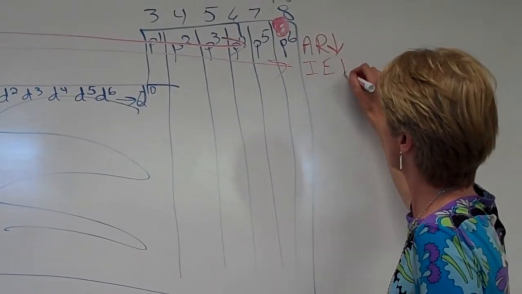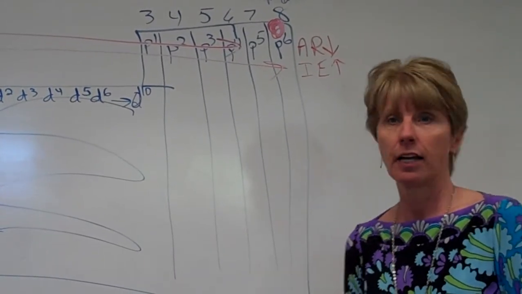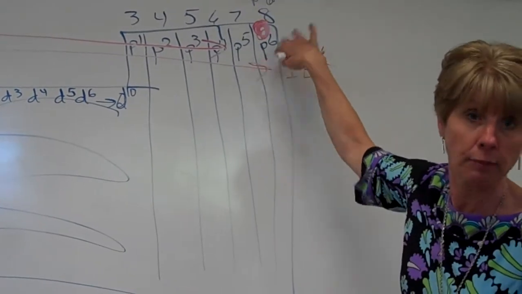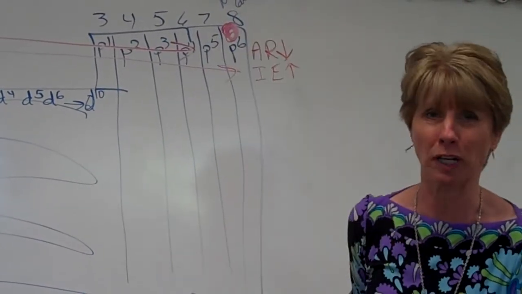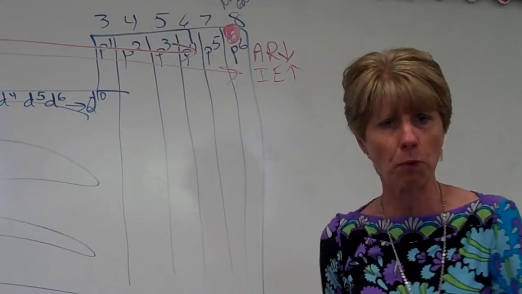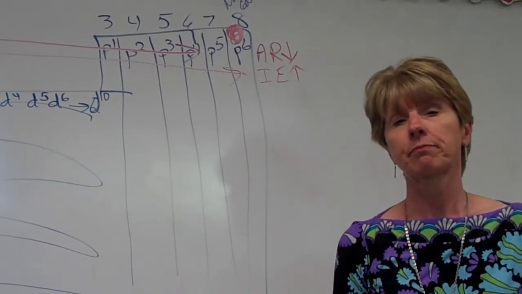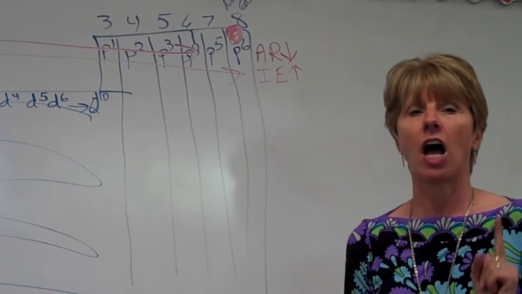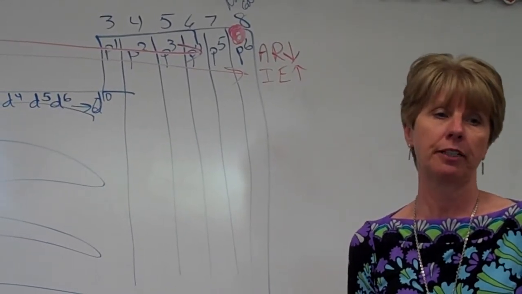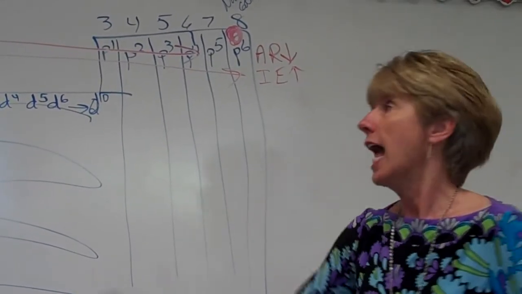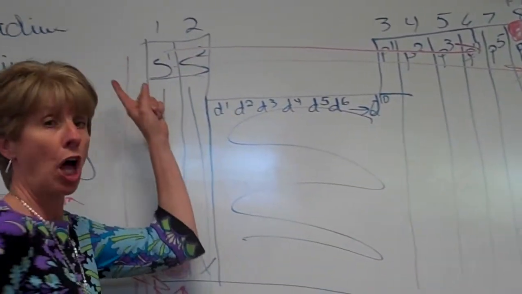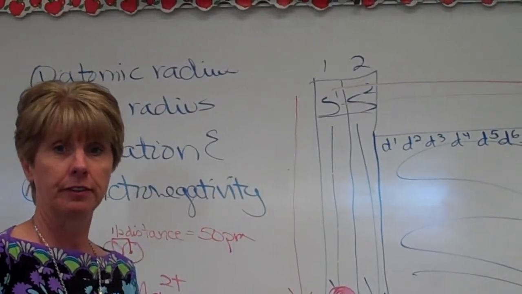Ionization energy is going to increase because these are your smallest atoms anyway. Plus, they don't want to lose electrons. These are your nonmetals. They want to gain electrons. Ready? Noble gases have the highest ionization energy. Alkali metals have the lowest ionization energy.